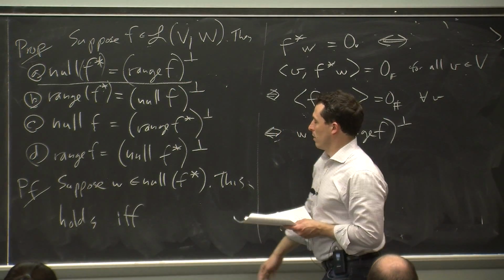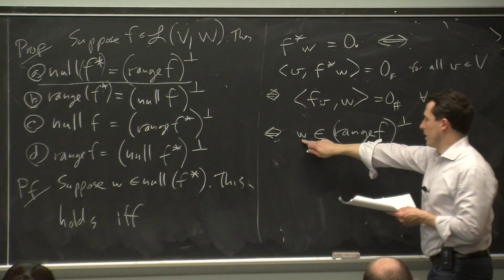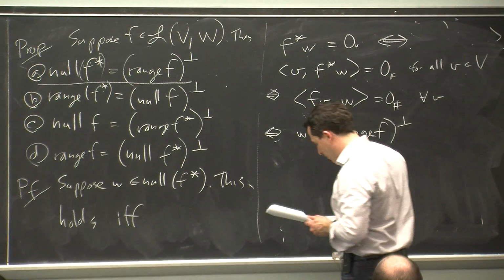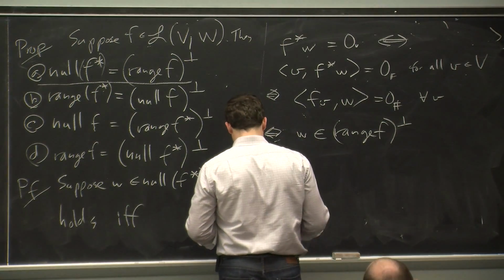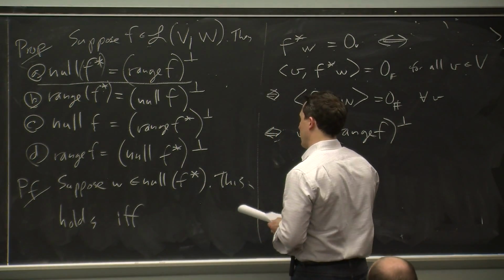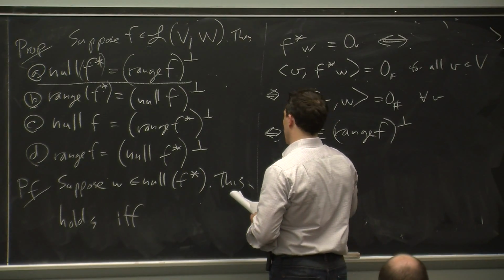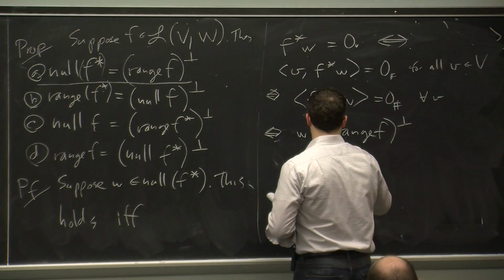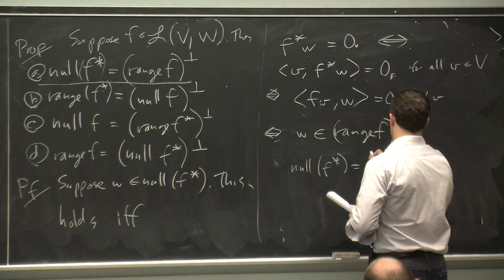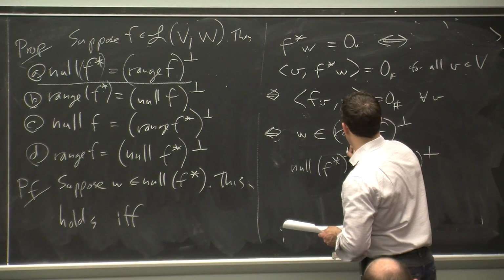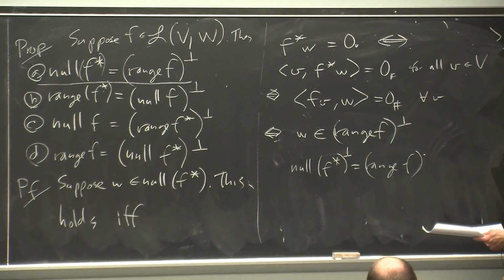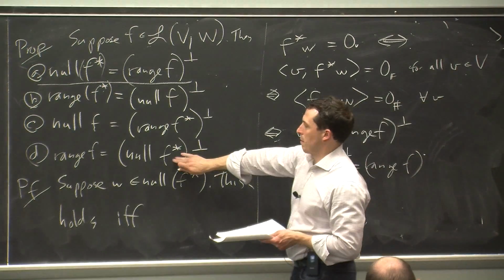Okay, so W is in the null of f star if and only if W is in the range of f orthogonal complement. And then if we take this equation, null f star is range of f orthogonal complement, and we complement it, we know the double complement is equal to itself, and then we get another statement, this statement.